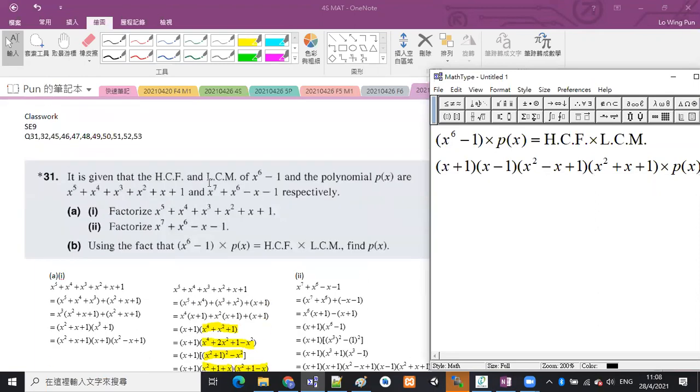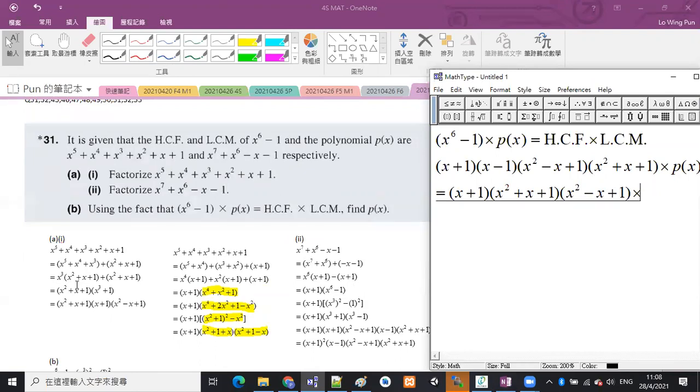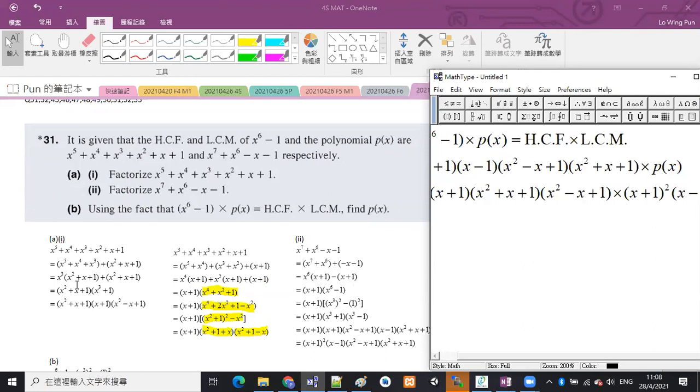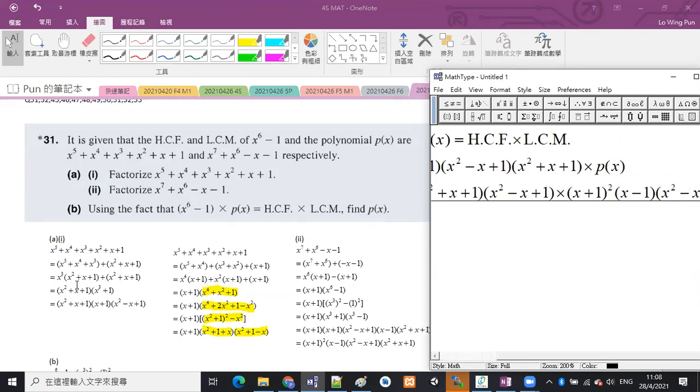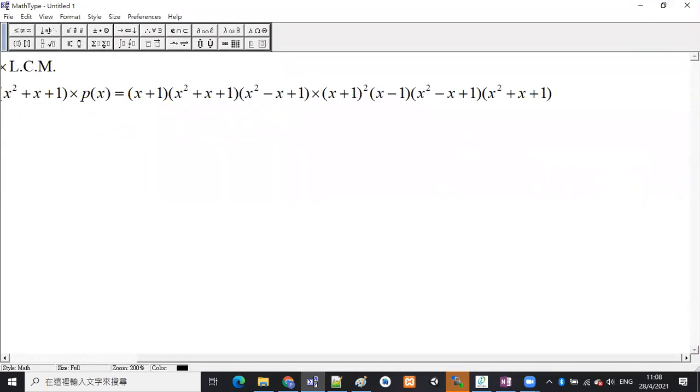The HCF is the result of A1, so that should be (x plus 1)(x^2 plus x plus 1)(x^2 minus x plus 1) times the LCM. The LCM is the A2 polynomial, so that should be (x plus 1)^2(x minus 1)(x^2 minus x plus 1)(x^2 plus x plus 1). Can you see? It's like this.